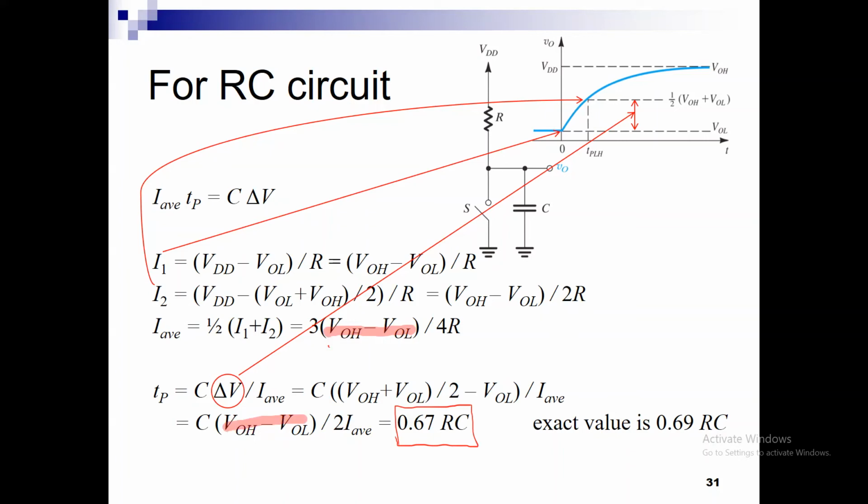And so I wind up only with the RC term in this example. And this is very close to the exact value, which is 0.69 RC. Okay, so we're showing that for the single time constant, it is a good approximation. Therefore, we're going to proceed with this and we are going to use it in the context of the transistors. Anybody has any question about this method?